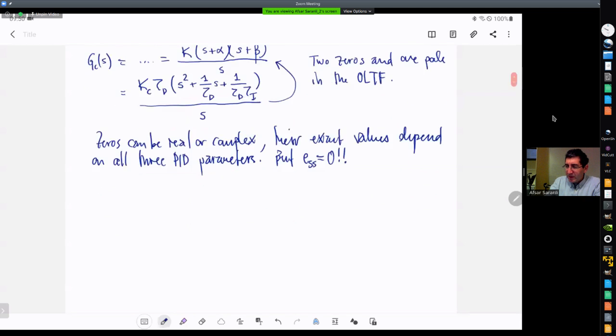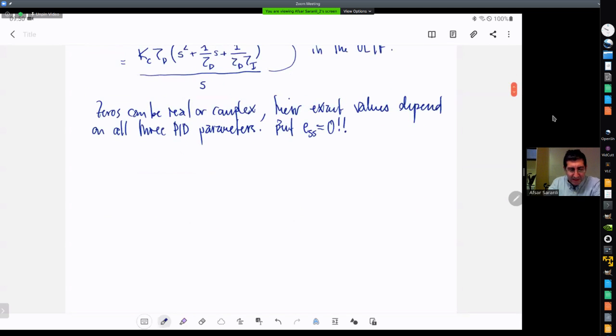Okay, so let me consider a simple case. So the question is, where should you put the zeros? Again, in terms of the selection of alpha and beta, root locus might be quite useful, even if we cannot determine exactly the locations of the zeros.